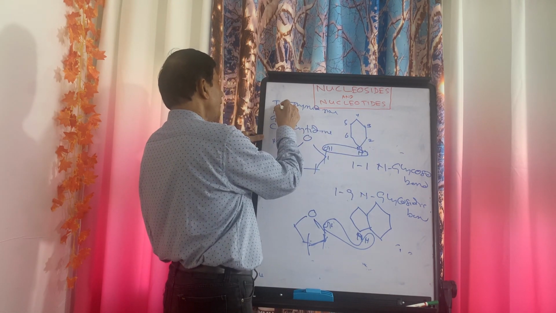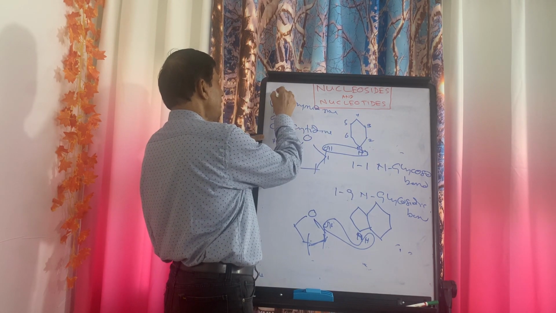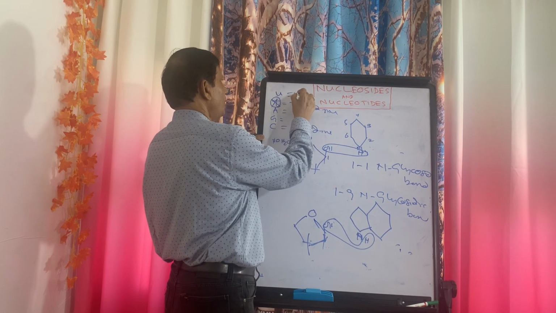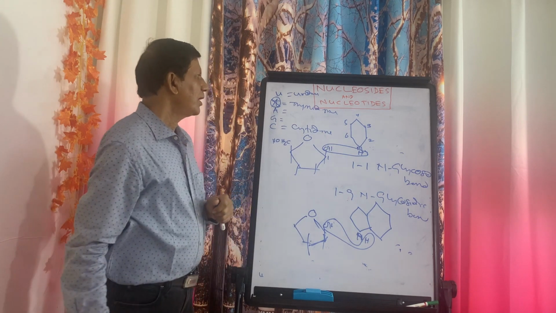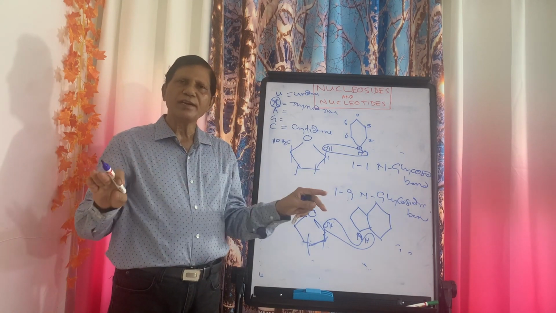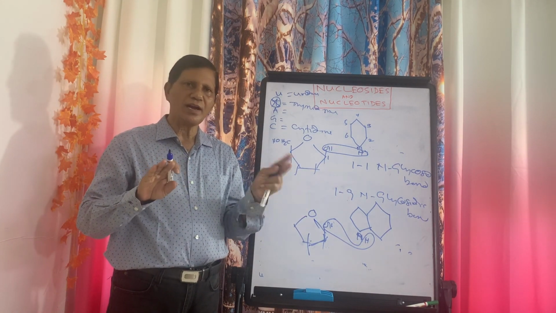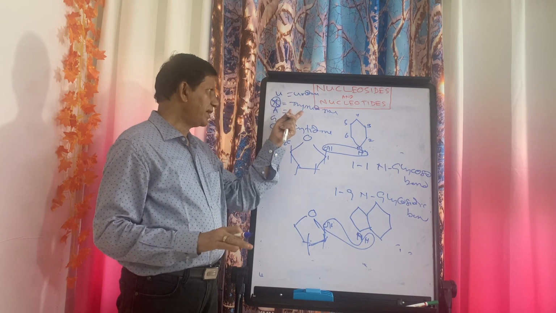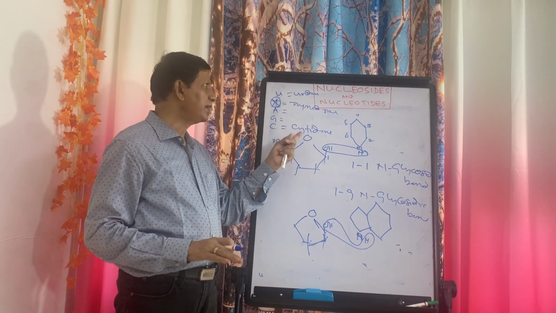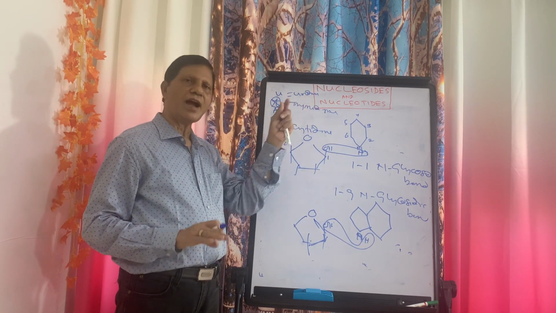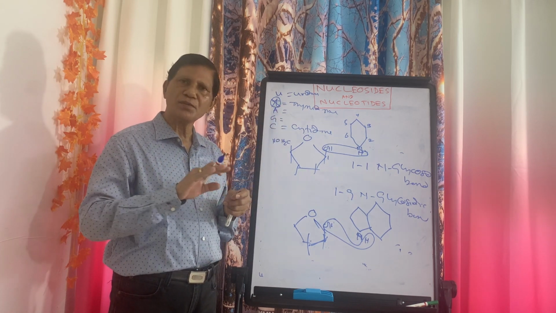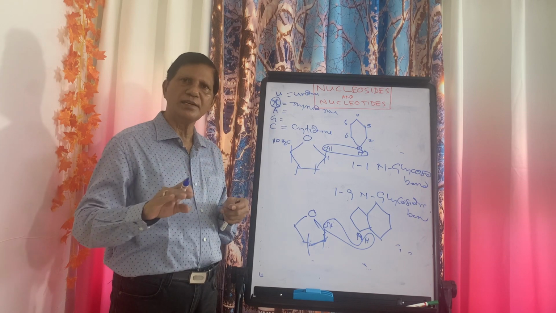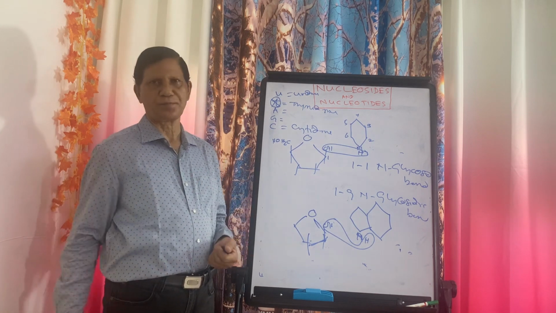In case of RNA, thymine is absent, it is uracil, so it is known as uridine. You got that? So there are 4 different types of nucleosides for RNA: adenosine, guanosine, cytidine, and uridine. And for DNA, the 4 are deoxyadenosine, deoxyguanosine, deoxycytidine, and deoxythymidine.